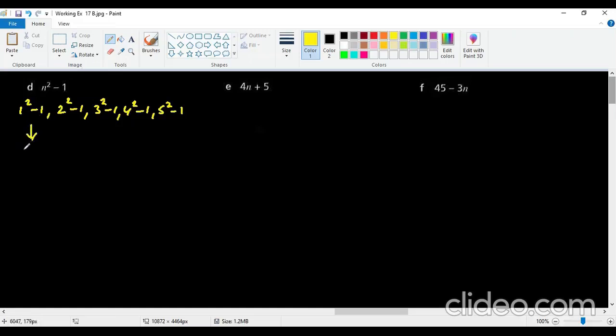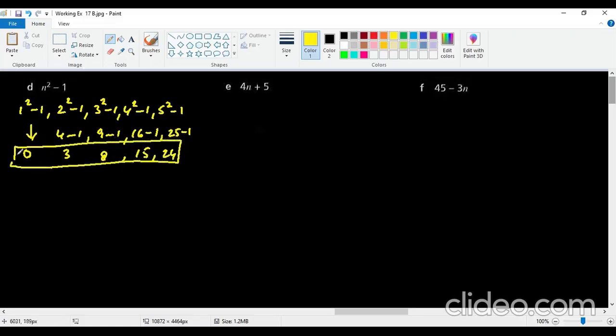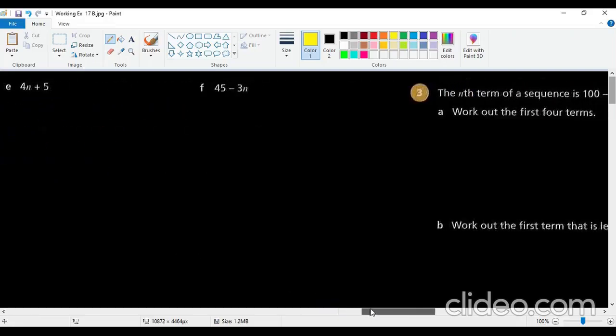So the first term is going to give us 1 minus 1, which is 0. 4 minus 1 is going to give us 3. The third one is going to give us 9 minus 1, which is 8. The fourth one is 16 minus 1, which is 15. And the fifth term is going to be 25 minus 1, which is 24. So this is the answer for part D.